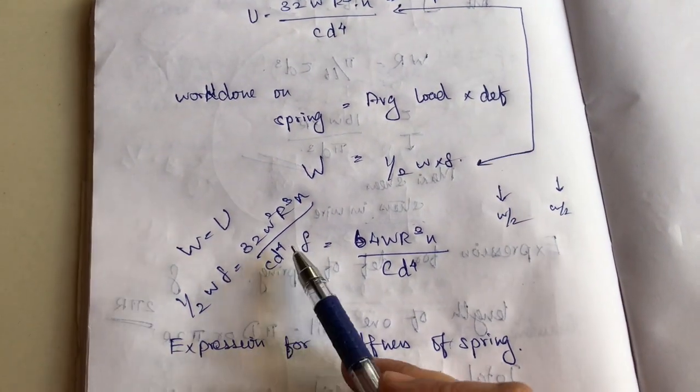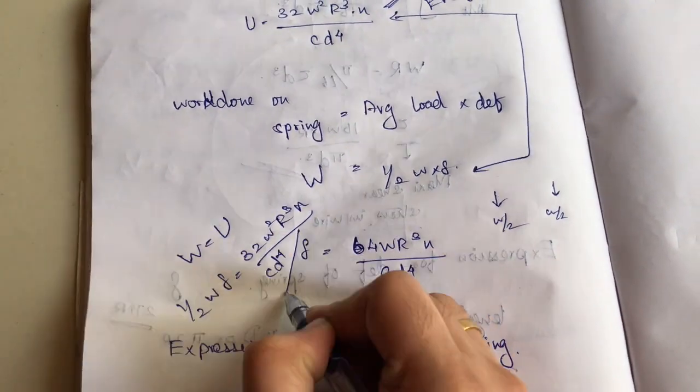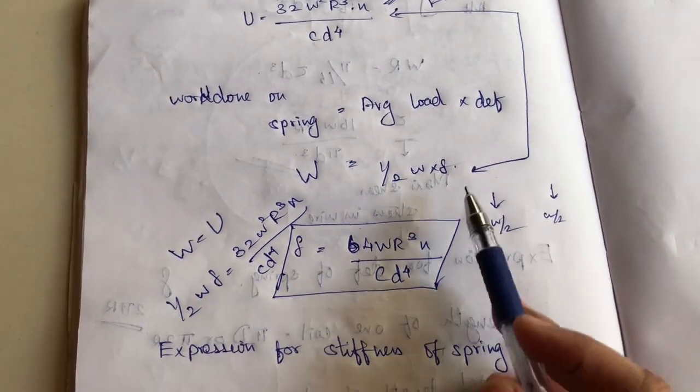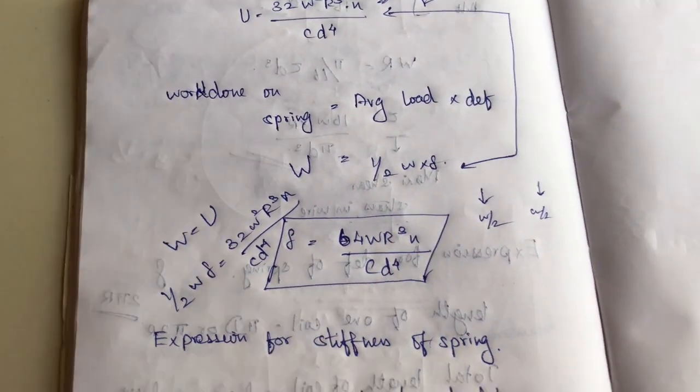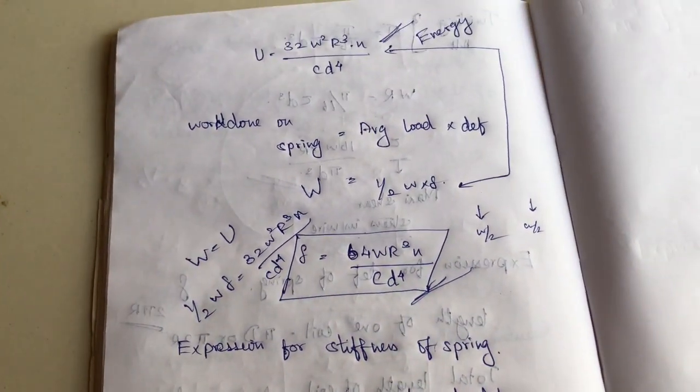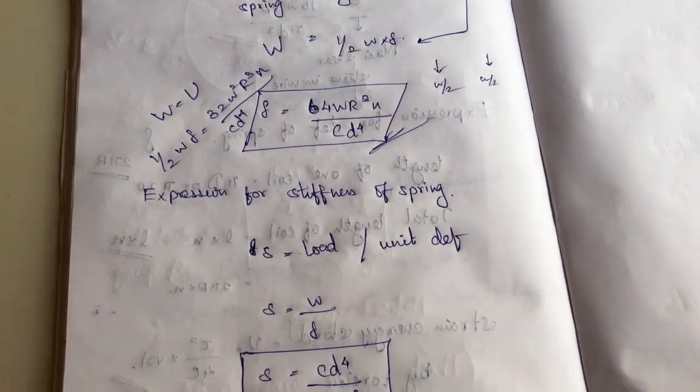So you will get del as 64 W R cube N by C d power 4. So we have found the maximum deflection.